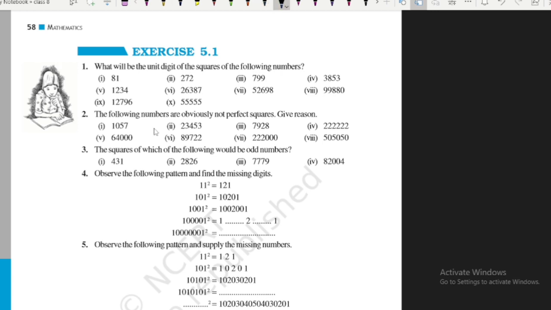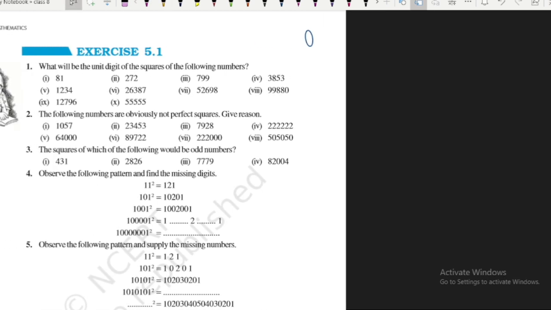When you square this 81, what is its unit digit? You have to tell the unit digit of 81 square. I'll write it on the side. So question number 1 we are going to answer here. You only have to tell the unit place of the given number's square.